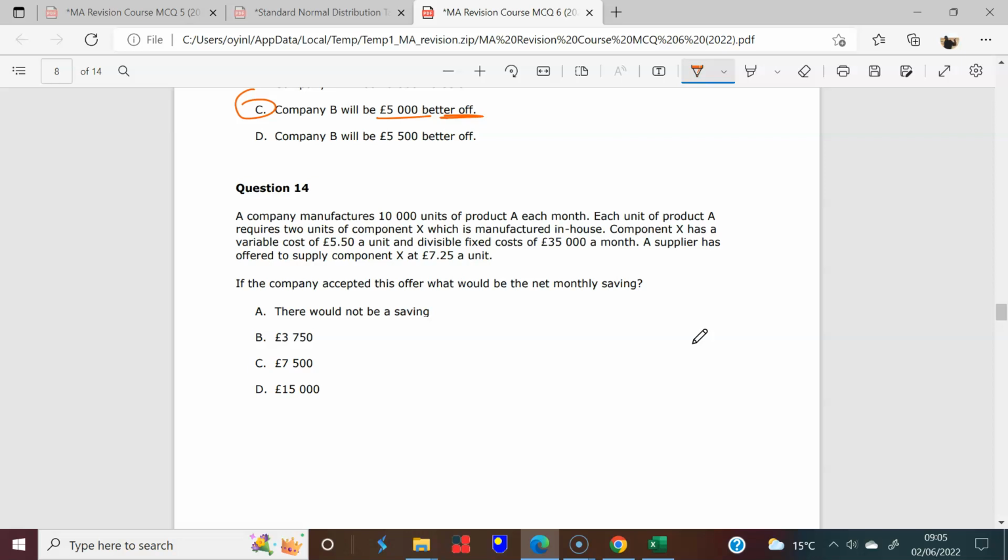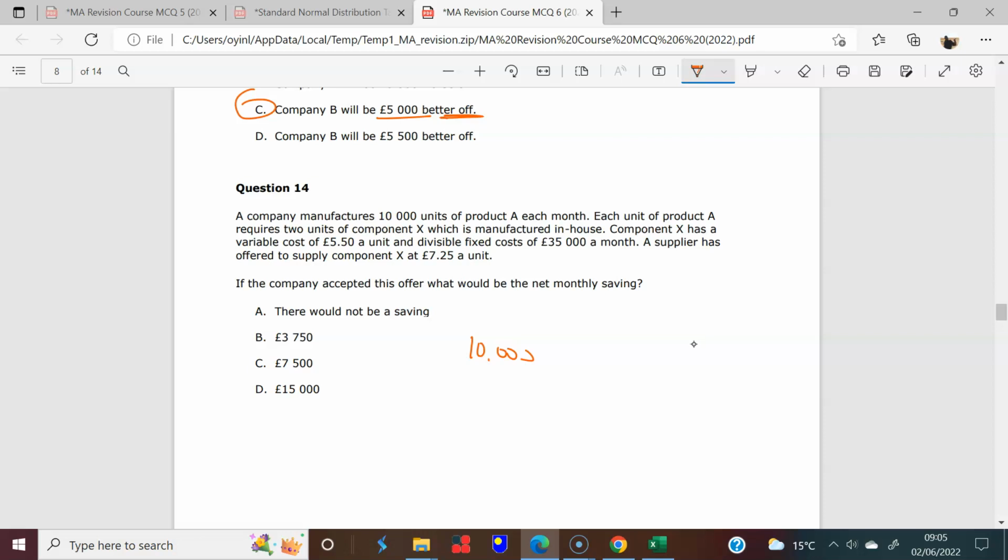Exactly the same principle here. A company manufactures 10,000 units. Someone has offered to supply the component at £7.25. We'll just keep that for now, but let's see in terms of making it.